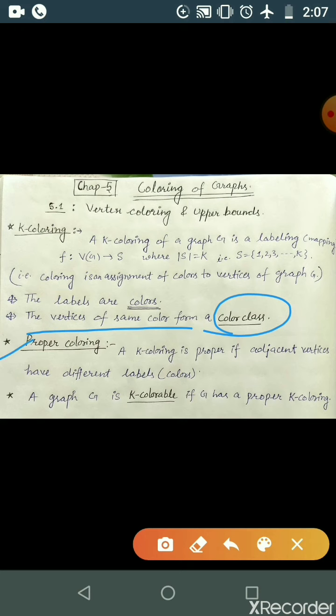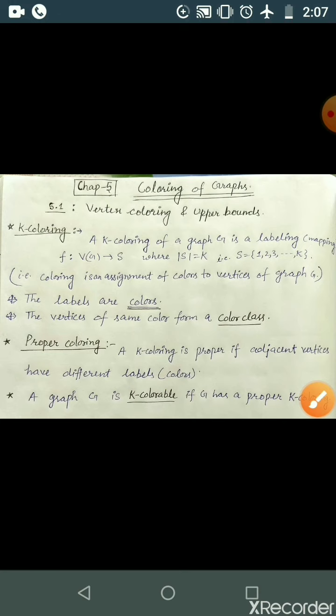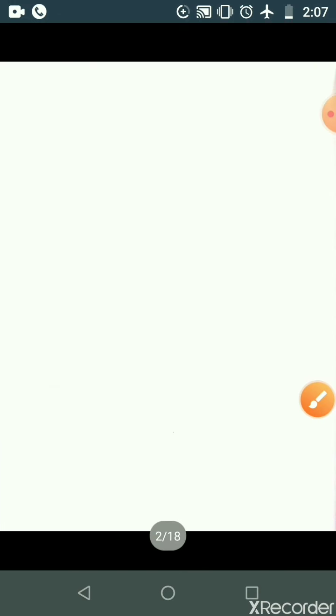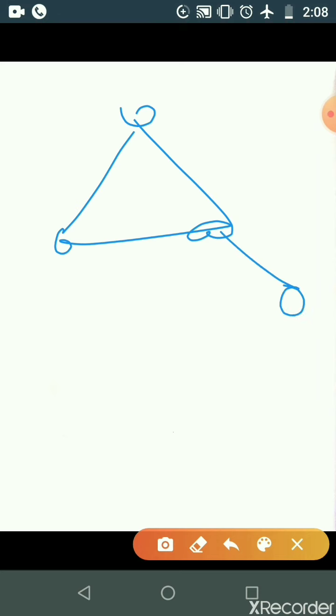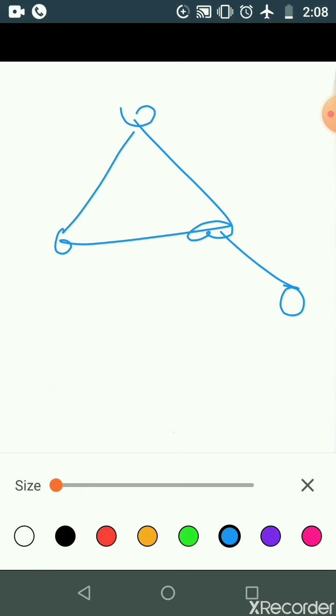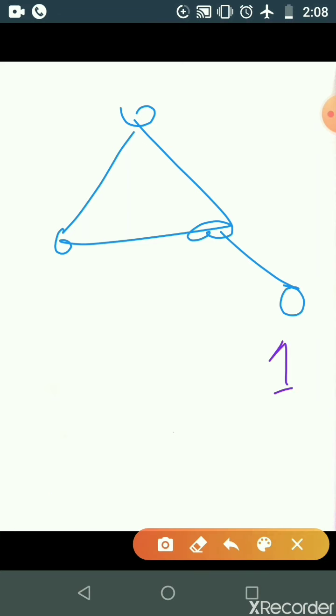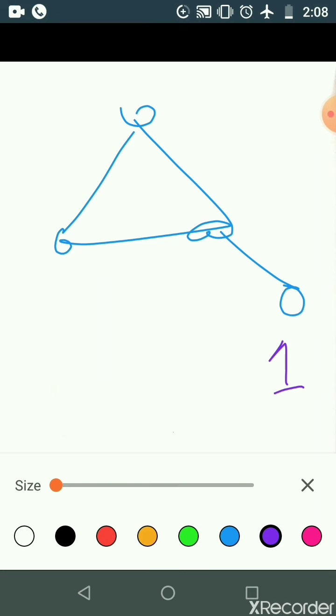Now come to proper coloring. Proper coloring, as I discussed earlier, a K coloring is proper if adjacent vertices have different colors or different labels. For example, this one is a graph. If you are using color number 1 to color this vertex, color number 2 to color this vertex, color number 3, because 1 and 2 are adjacent, that's why I am using another color.